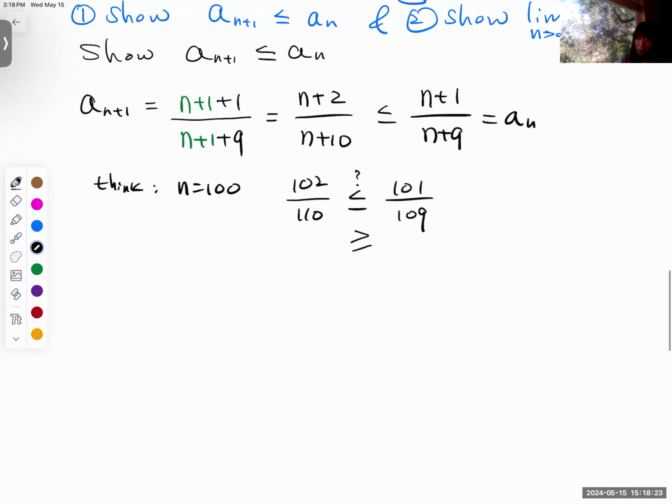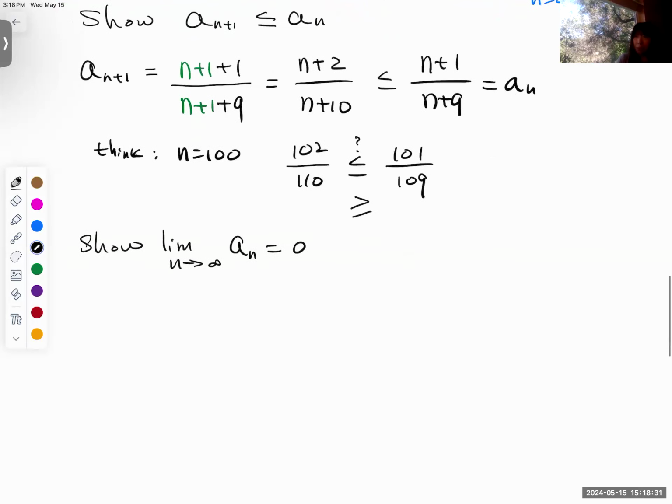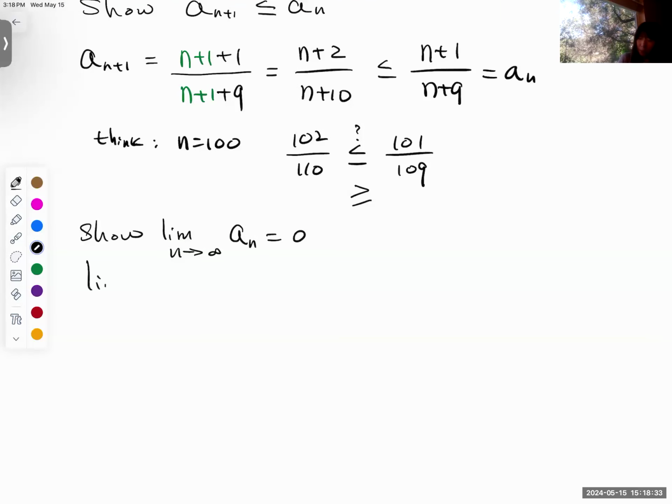Okay, so let's try to show the limit as n approaches positive infinity of a sub n equals 0. So the limit as n approaches positive infinity of a sub n equals the limit of n plus 1 over n plus 9.